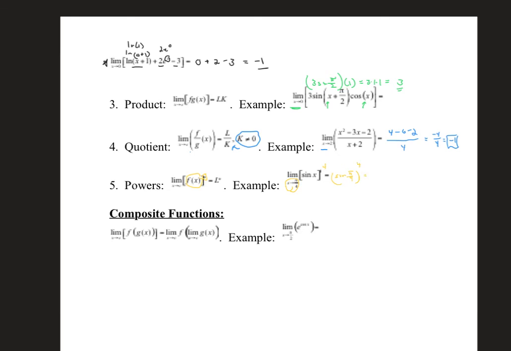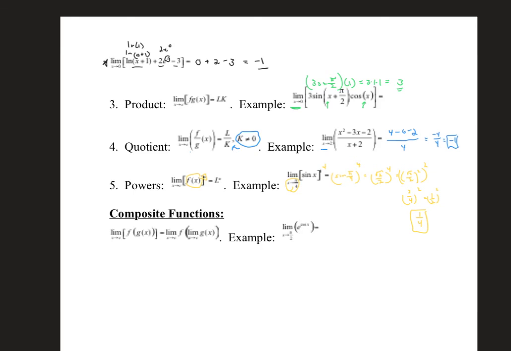Sine of pi over 4 is the square root of 2 over 2. If we're going to take that to the 4th power, we can square it first, and then square that result. Squaring the square root of 2 over 2 gives the square of the numerator over the denominator, which is 1/2. And again, we square numerator and denominator, and it's going to make that limit 1/4.